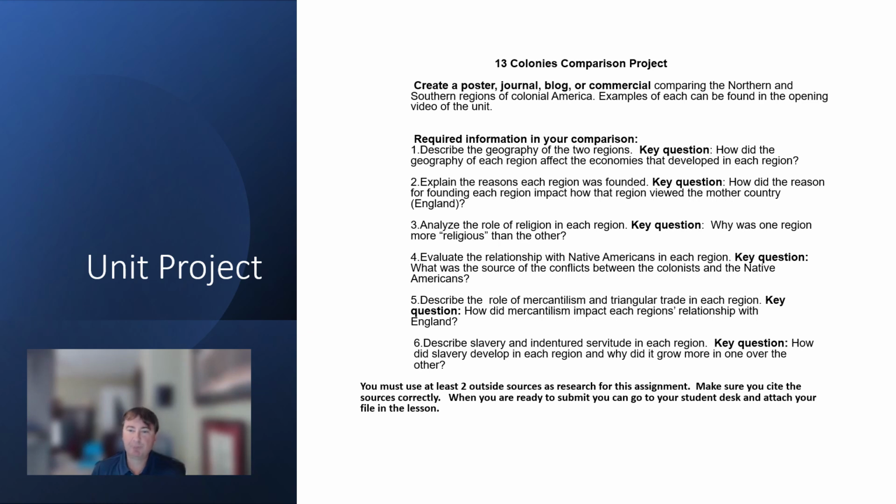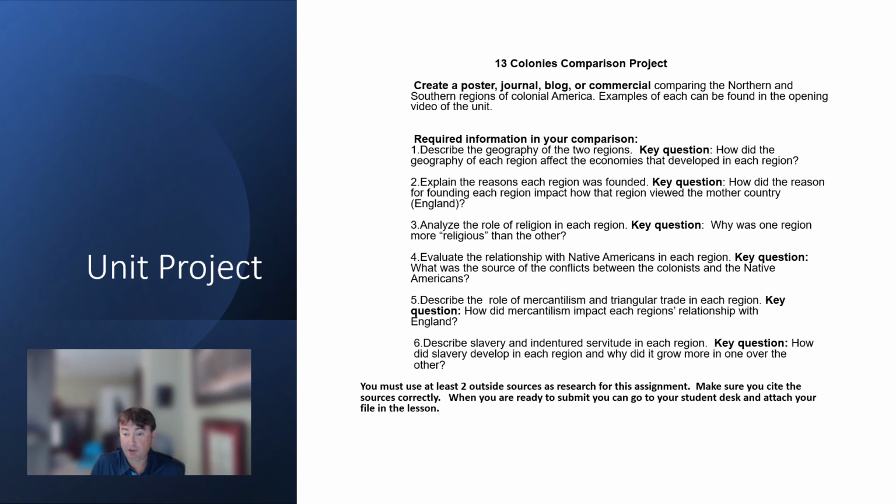Second, explain the reasons each region was founded. Virginia and South Carolina, North Carolina, it was just Carolina to begin with, but Virginia, Carolina, Georgia are going to be established for very different reasons than Massachusetts. Massachusetts is mainly for religious freedom.